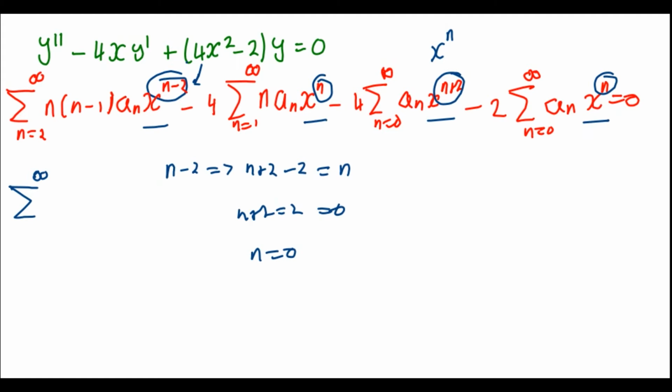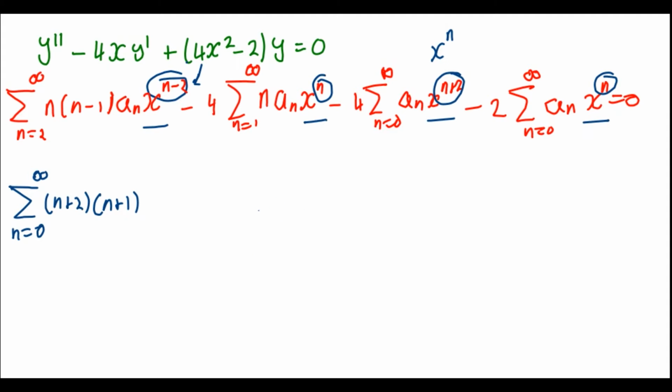So you're going to say n is equals to 0. Then you have your n plus 2. Then for this part, when you substitute, that will be n plus 1. Then this will be your a sub n plus 2, then x to the power n. Okay, then that will be your 4. You're still going to write it just the way it is.